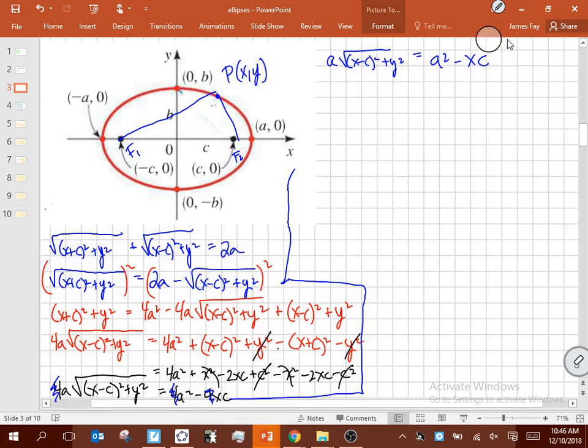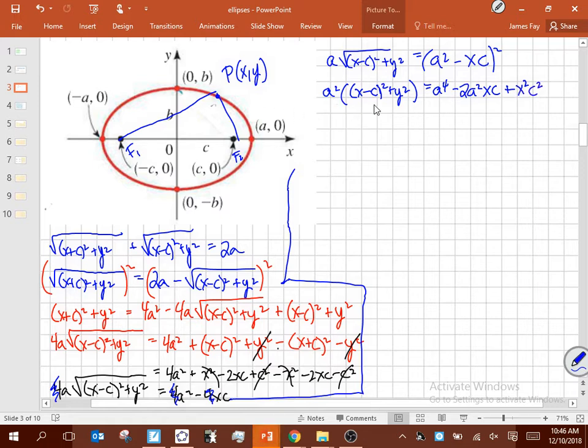Alright, now we can square. Square the left-hand side, so it's going to be a squared times quantity x minus c squared plus y squared. And if I square the right-hand side, I'm going to have to FOIL that again, so it would be a to the 4th minus 2a squared xc, and then last times last would be plus x squared c squared.